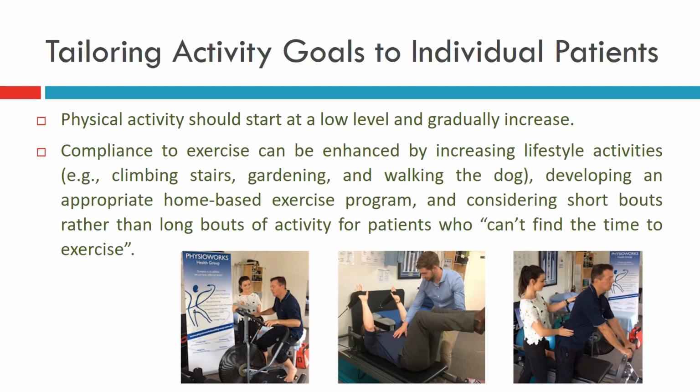Compliance to exercise can be enhanced by increasing lifestyle activities, for example, climbing stairs, gardening, and walking the dog, developing an appropriate home based exercise program, and considering short bouts rather than long bouts of activity for patients who can't find the time to exercise.